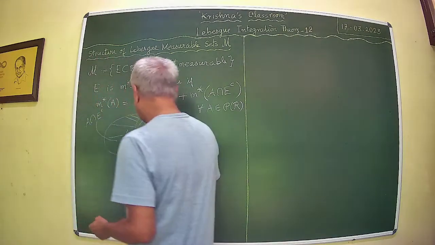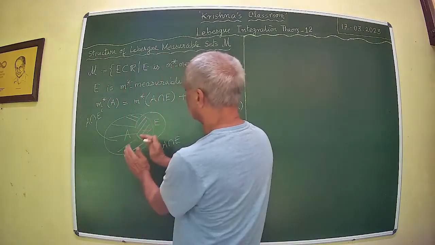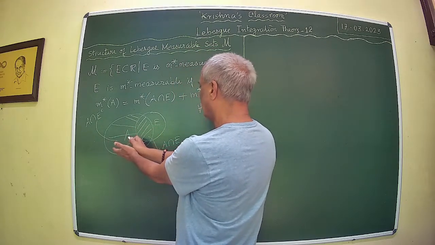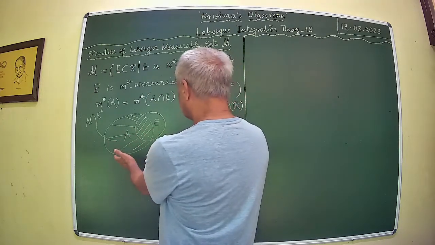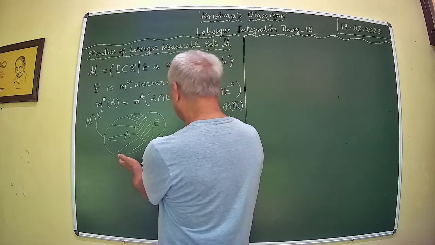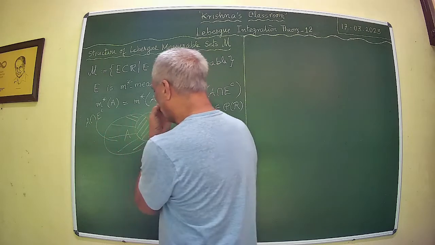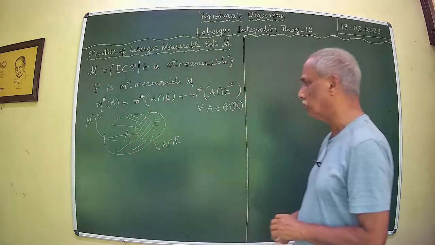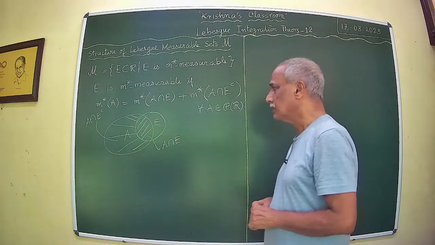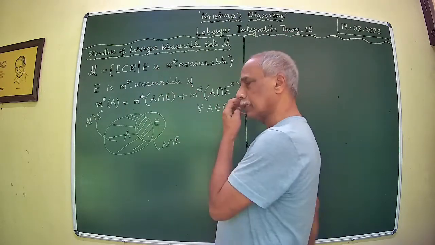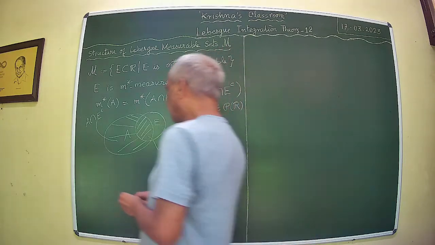So you want A to be cut into two pieces, A intersection E and A intersection E complement, and we should have M star of A intersection E plus M star of A intersection E complement equal to M star of A. Such sets E are what you call the measurable class.